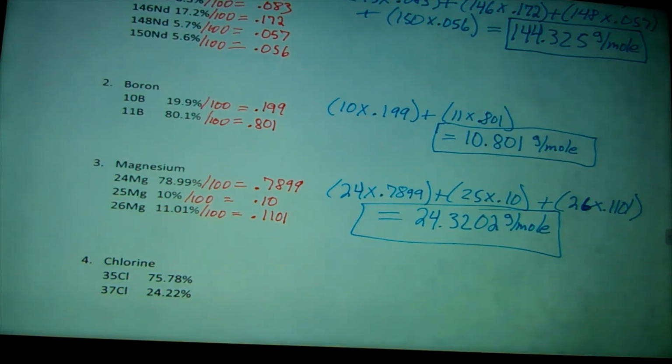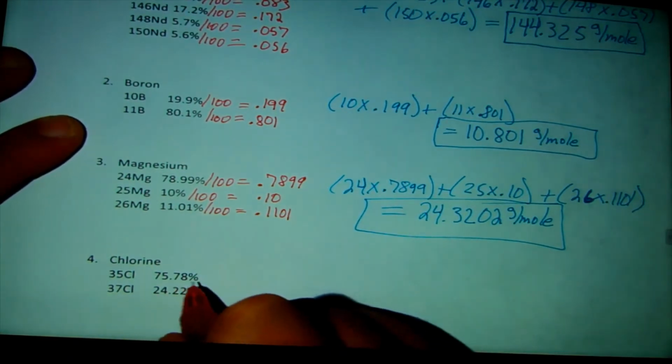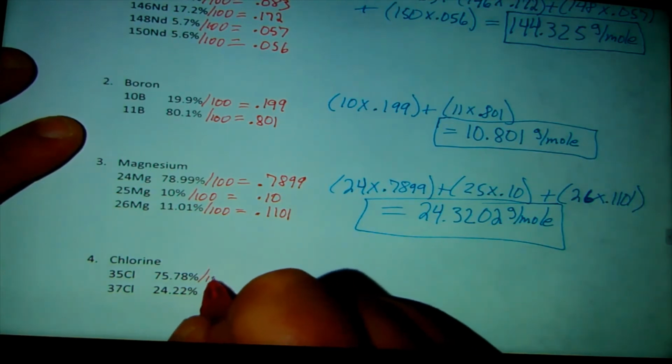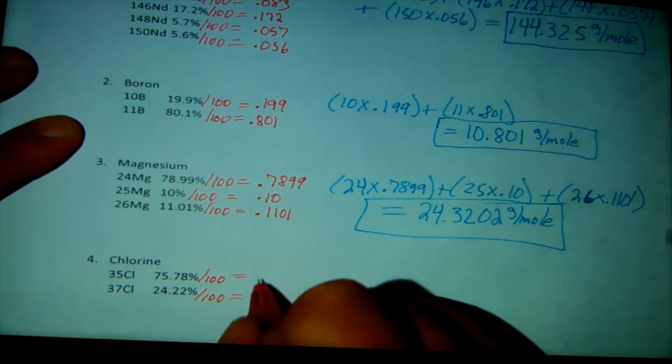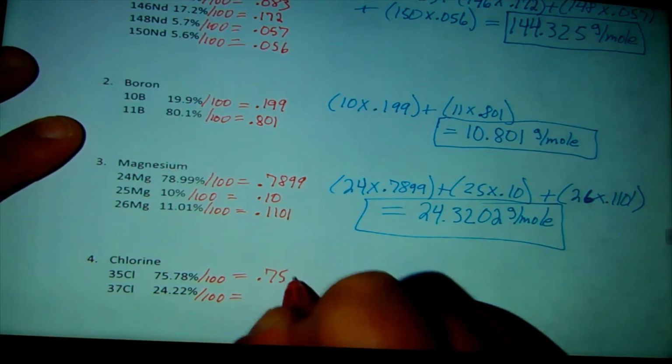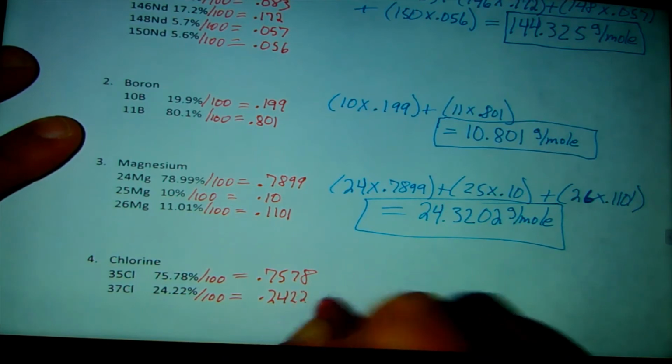Okay, let's look at chlorine. Here, chlorine. We have 35 and chlorine 37. Divide those by 100. Those percentages, get those decimals of percentage. 0.7578 and 0.2422.